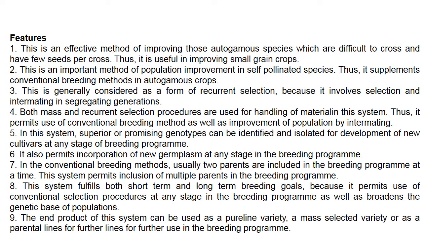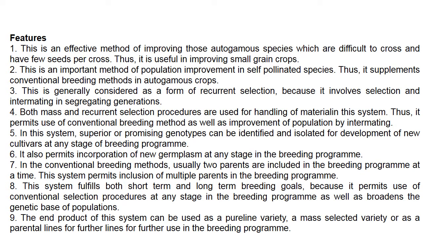Here, superior or promising genotypes can be identified and isolated for developing new cultivars at any stage of the breeding program. It also permits incorporation of new germplasm at any stage in the breeding program. In the conventional breeding program, usually two parents are included at a time. This system permits inclusion of multiple parents.